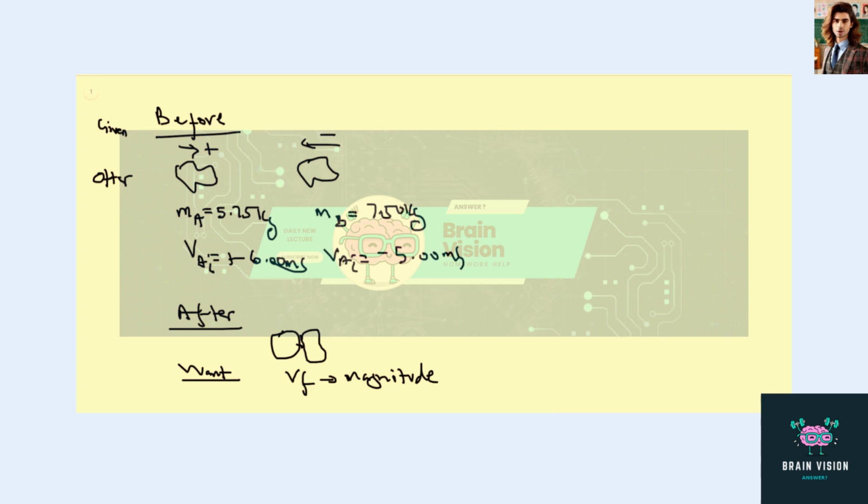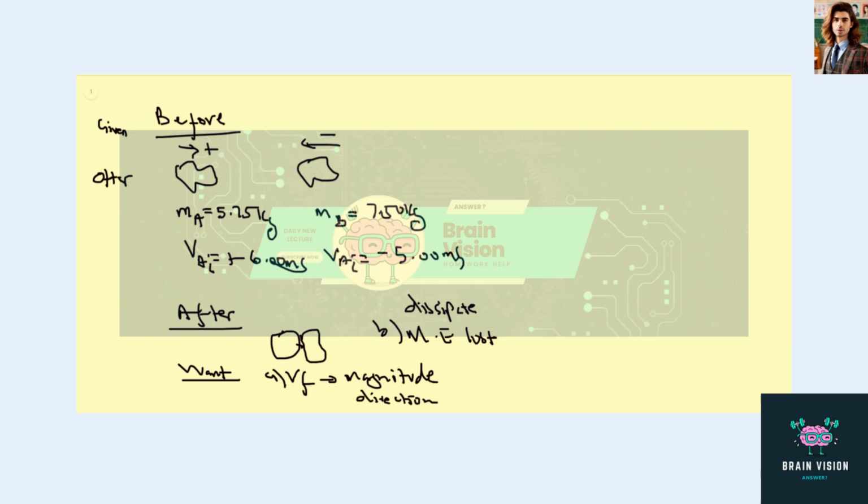That's part A. In part B, the second thing we want to find out is the mechanical energy lost in the process, or what they call dissipated in the process.